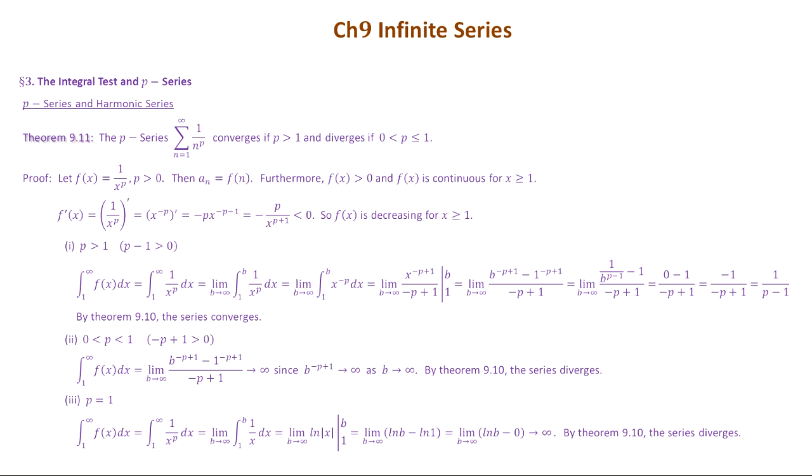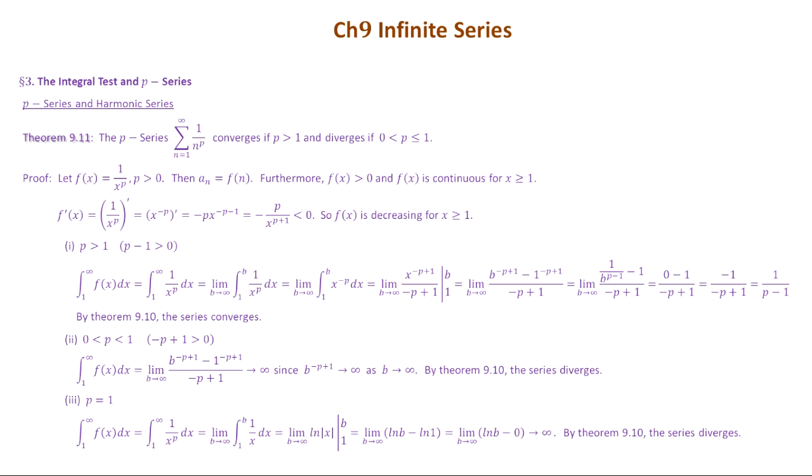Okay, so 1 over b to the p minus 1 then approaches 0. So you get a 0 for the limit from the first term, and then you subtract 1 over negative p plus 1. So you get negative 1 over negative p plus 1, or if you multiply negative 1 both on top and at the bottom, you get 1 over p minus 1.